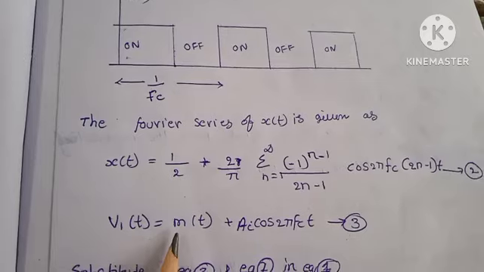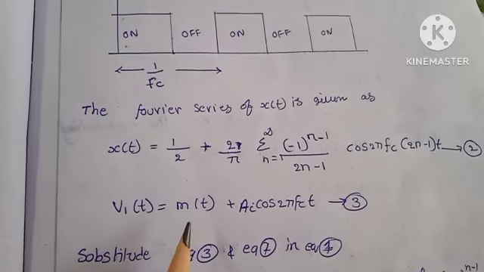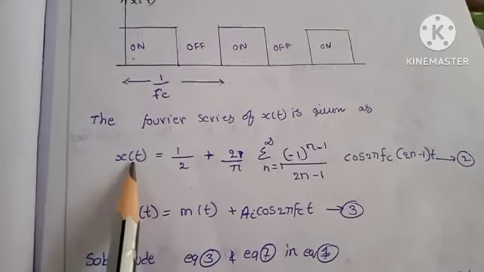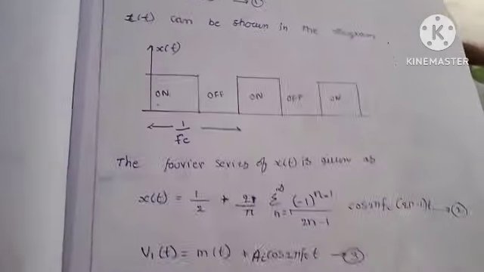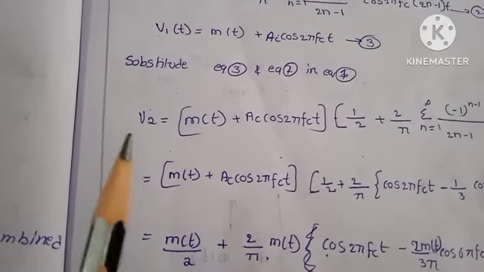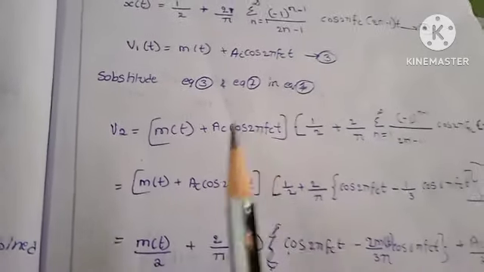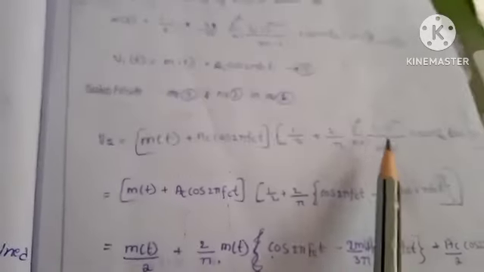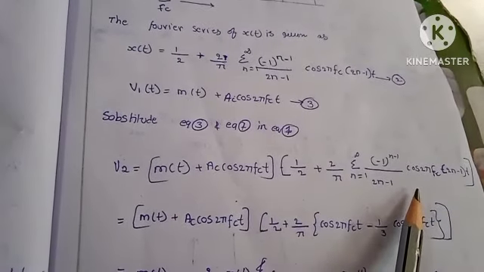We know V1 of t is the combination of message signal and carrier signal. Let us substitute x of t and V1 of t in the above term V2. We get V2 equal to m of t plus Ac cos 2 pi fc t, times half plus 2 by pi sigma n equals minus infinity to infinity, minus 1 whole power n minus 1, by 2n minus 1, cos 2 pi fc t (2n minus 1).